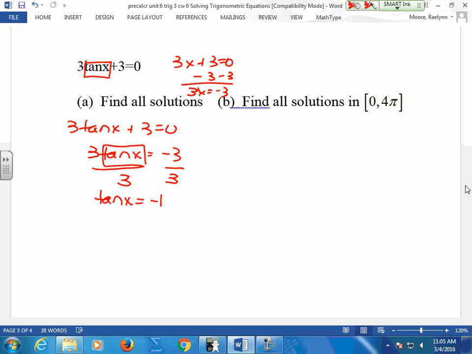And that sounds vaguely familiar to me. So where's tangent negative? 2 and 4. And tangent is 1 over 1. What reference angle is that? 45. So if this is 4 pi over 4, and this is 8 pi over 4, what's your angles?